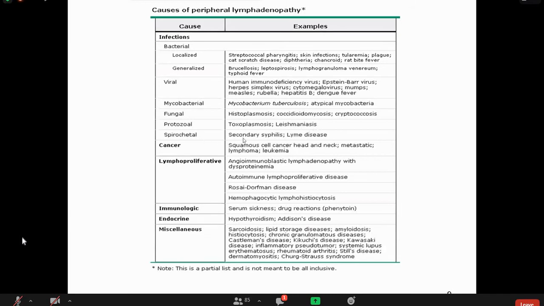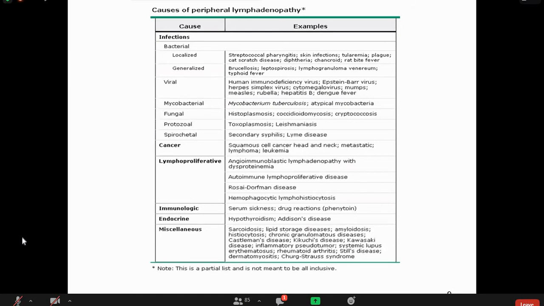And spirochetes, as we all remember, and I think it is easy to recall: secondary syphilis, Lyme disease, talking about organisms like Borrelia burgdorferi. We have been through that as well. Coming towards the cancers: squamous cell carcinoma of the head and neck, metastatic carcinomas, every type of metastasis. When it is going to metastasize, not only the lymph node of the primary area affected by the cancer is going to be enlarged, but also the lymph nodes of the area to which the cancer has metastasized.